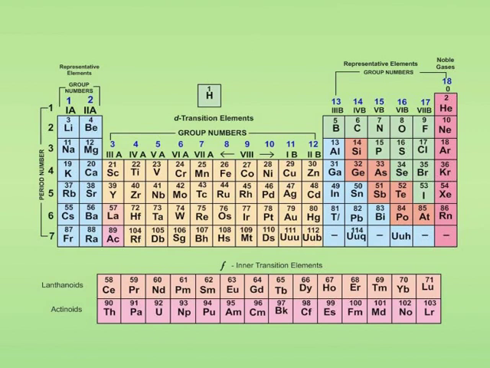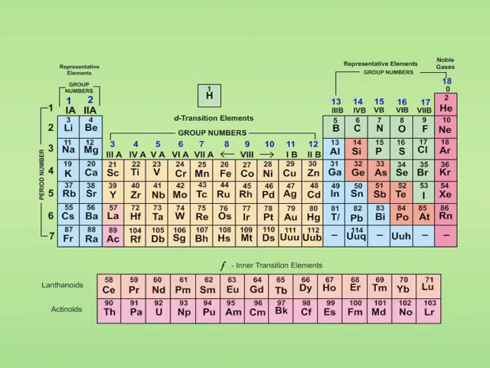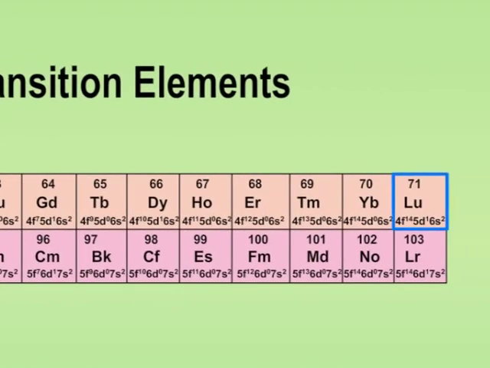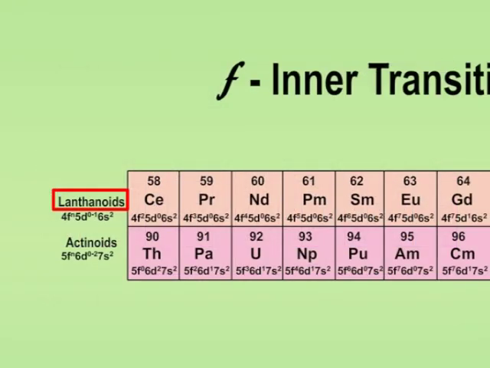Two series of elements, each containing 14 elements, are placed at the bottom of the periodic table. Therefore, there are 28 f block elements in the periodic table. The first series of elements with Z equal to 58 (cerium) to Z equal to 71 (lutetium), which forms part of the 6th period and follows lanthanum, are called lanthanides or lanthanoids.